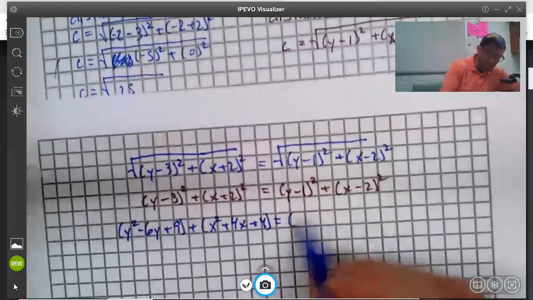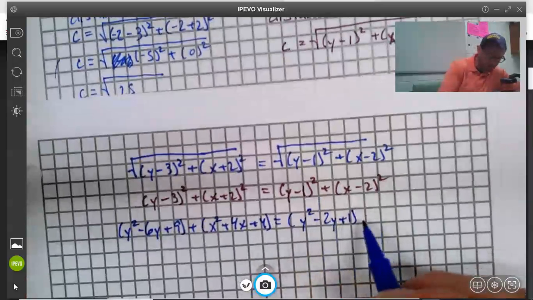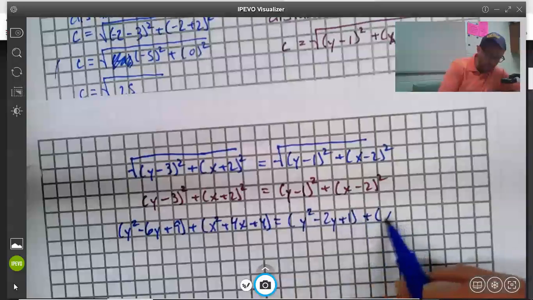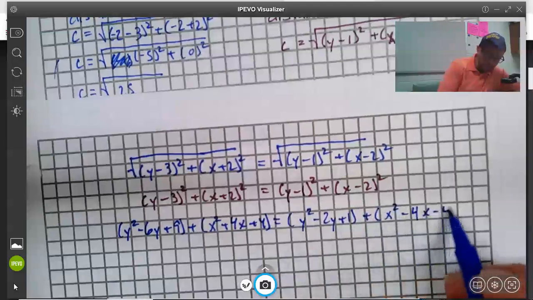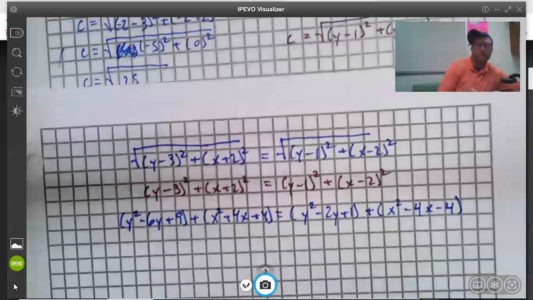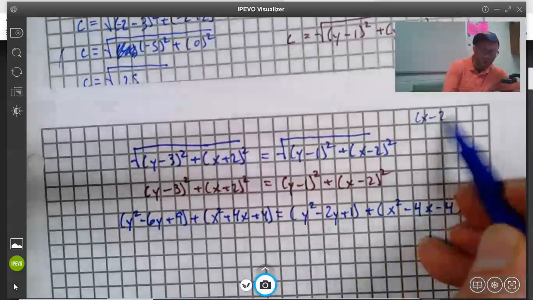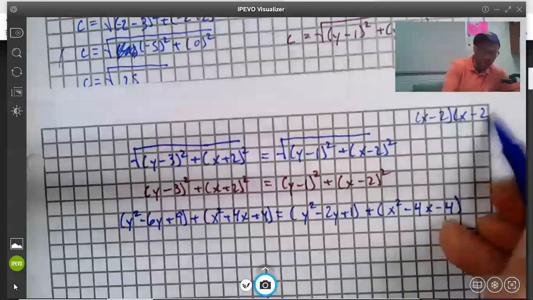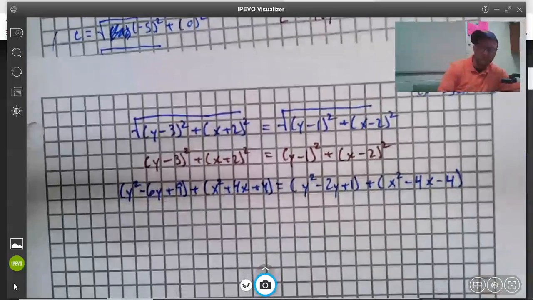On the other side, we get y squared minus 2y plus 1 plus x squared minus 4x minus 4. So that's just expanding binomials. If I say square x minus 2, it's x minus 2 times x minus 2, and use the FOIL method. Something from back in algebra.